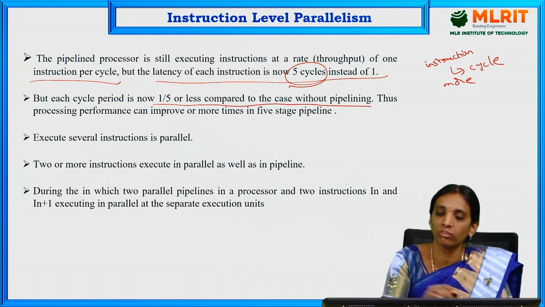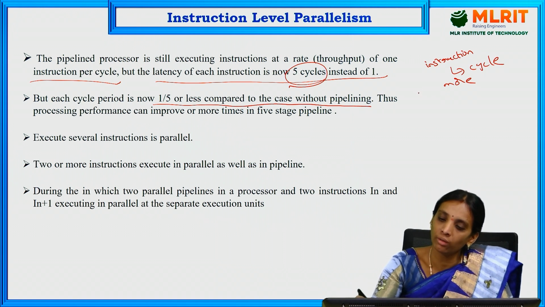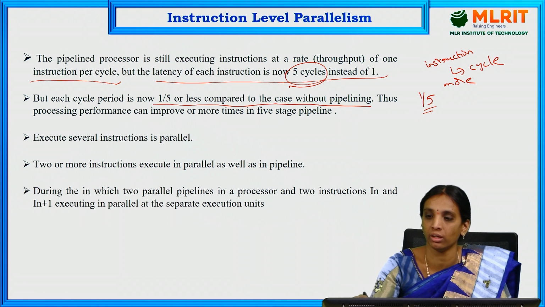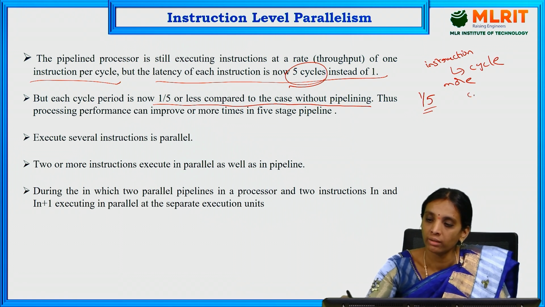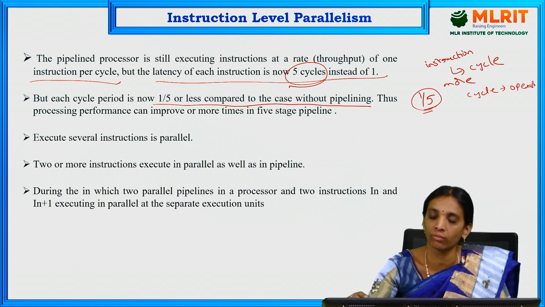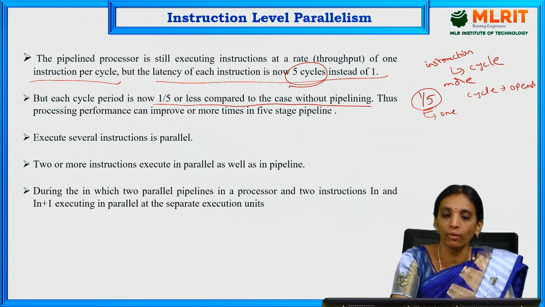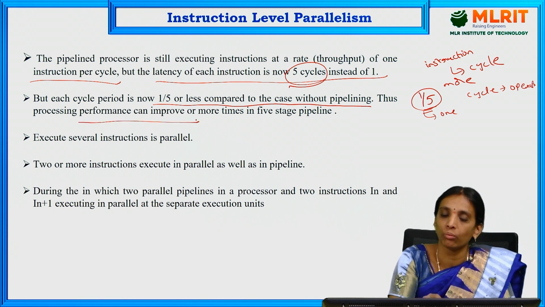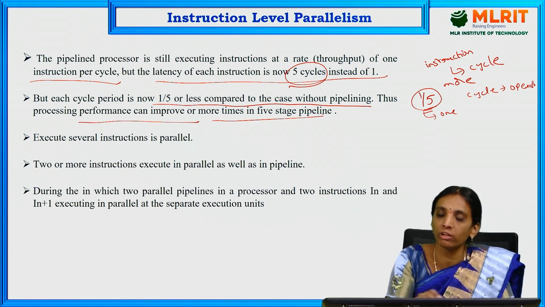With pipelining, 1/5 of the clock time is used for each operation, but without pipelining, the entire clock cycle is taken for one operation. Therefore, the performance can be improved many times in a 5-stage pipeline, but the latency will be more.